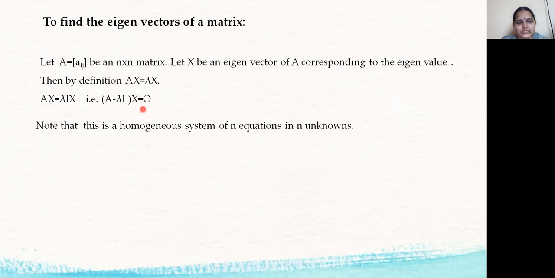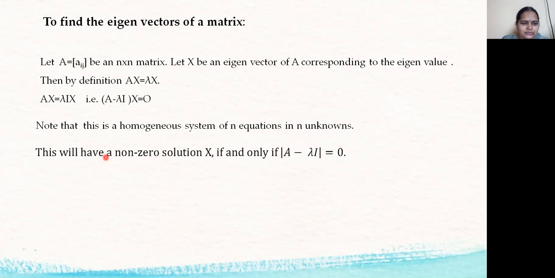So for a homogeneous system of equations to have a non-zero solution, we must always have determinant of A minus lambda I equal to 0. That is what we have written here. This will have a non-zero solution x if and only if determinant of A minus lambda I equal to 0.